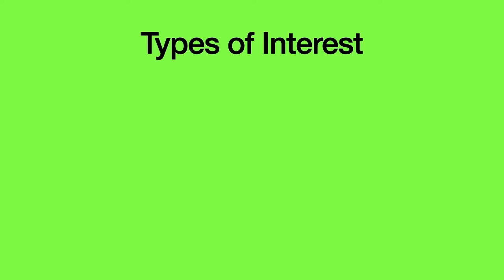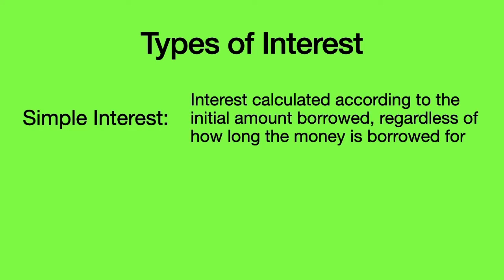Now, there are different types of interest. So firstly, the simple interest, which is interest calculated according to the initial amount borrowed, regardless of how long the money is borrowed for. So essentially, there'll be money deposited. In this example, we've got £500.